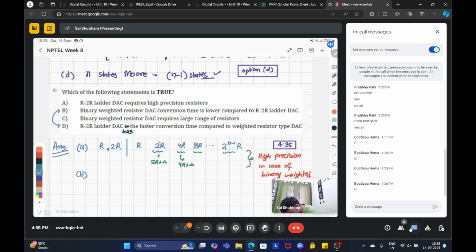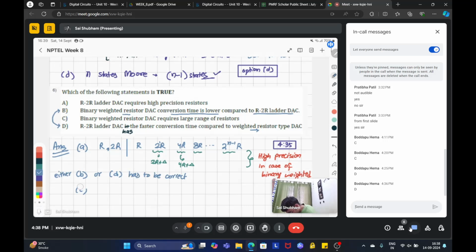R2R ladder DAC has faster conversion time. It means that the time is lower compared to weighted DAC. In this case, you have binary weighted DAC conversion time is lower compared to R2R ladder DAC. So either B or D has to be correct.